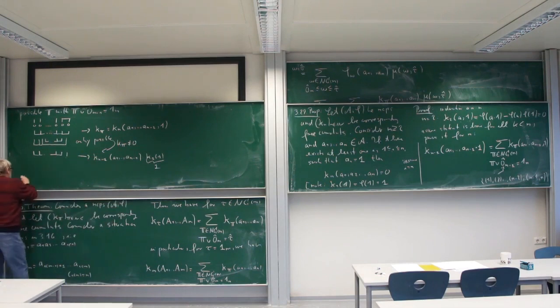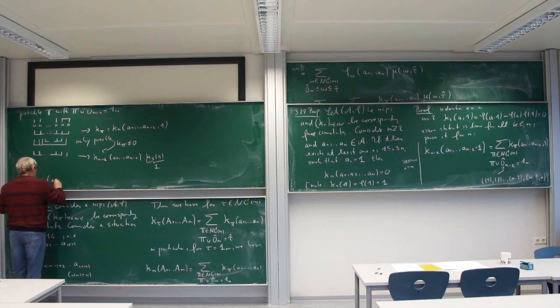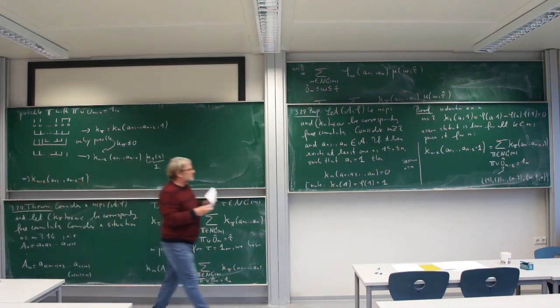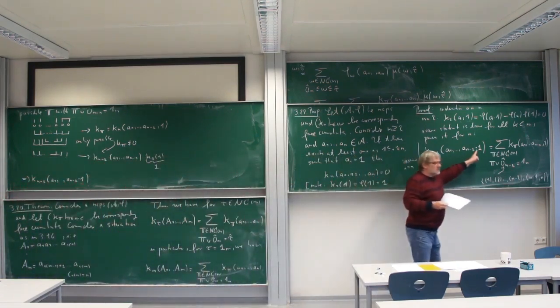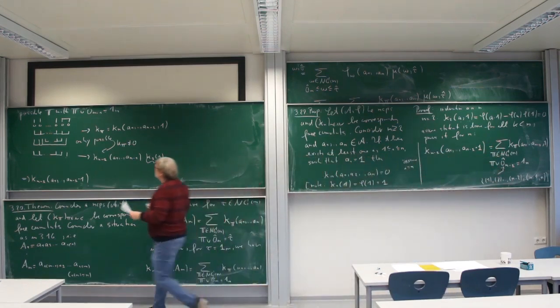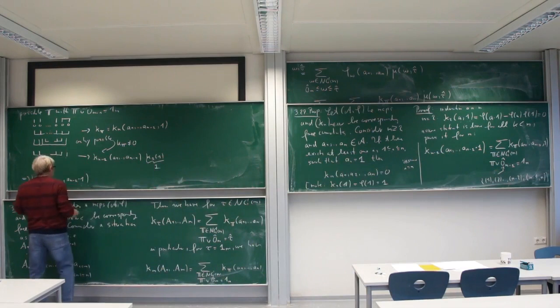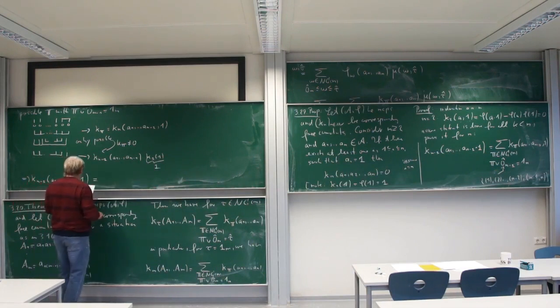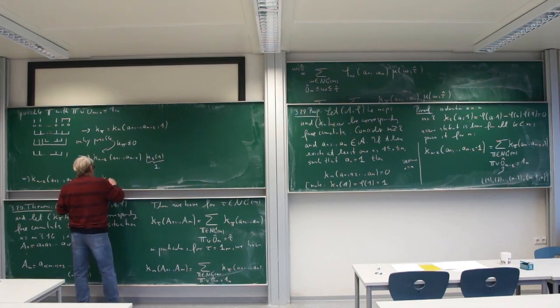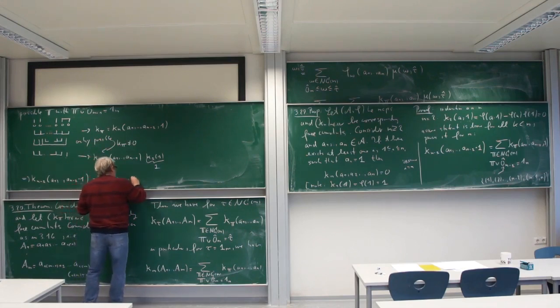So this means kappa_{n-1}(a1, ..., a_{n-1}) multiplied by 1 is given by summing over those two possibilities of the corresponding kappa pi's. The first possibility gives me the kappa_n of a1 up to a_{n-1}, comma 1.